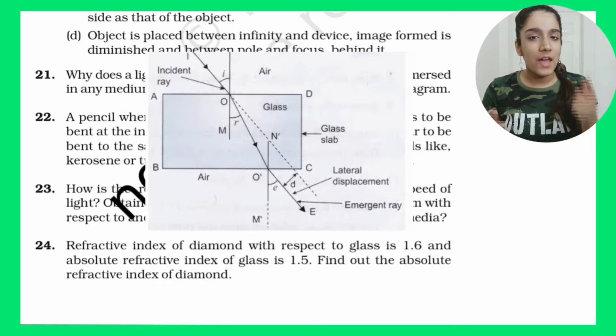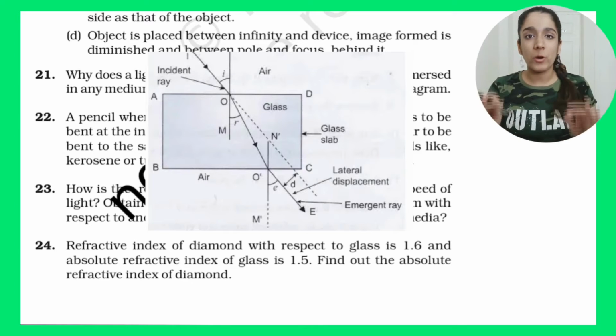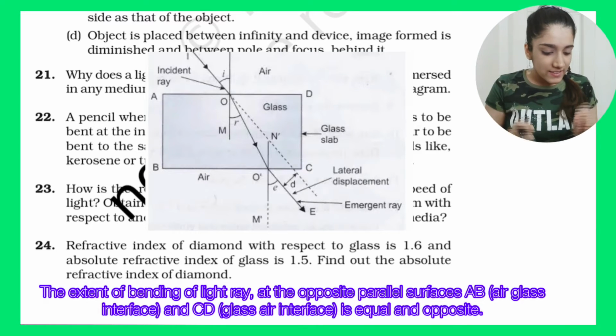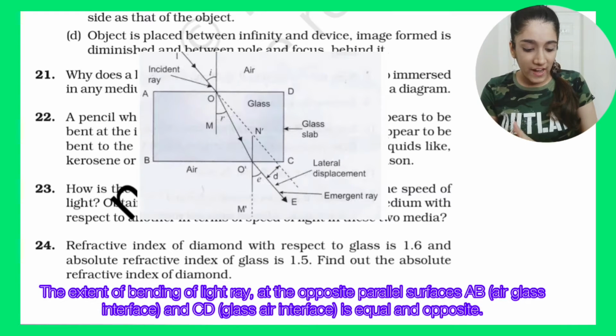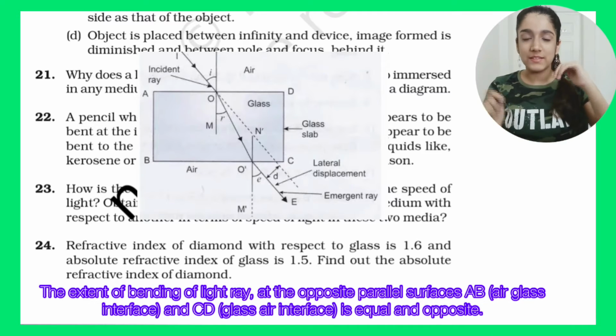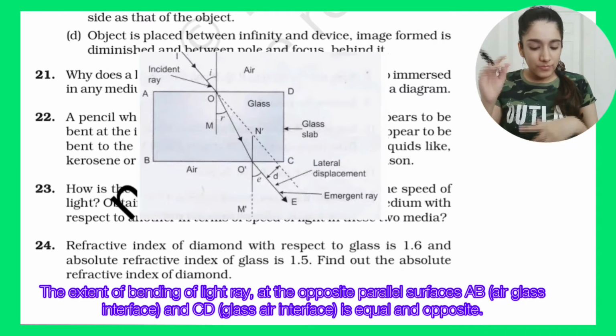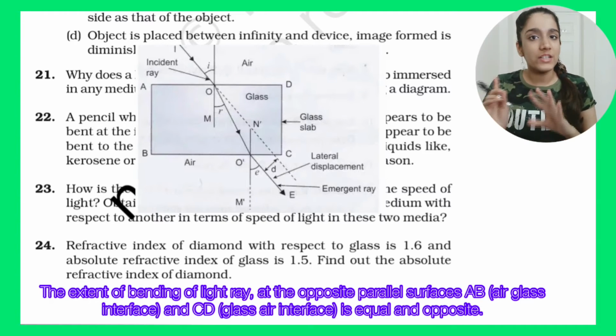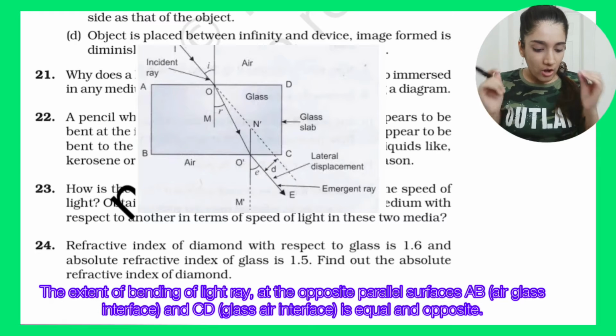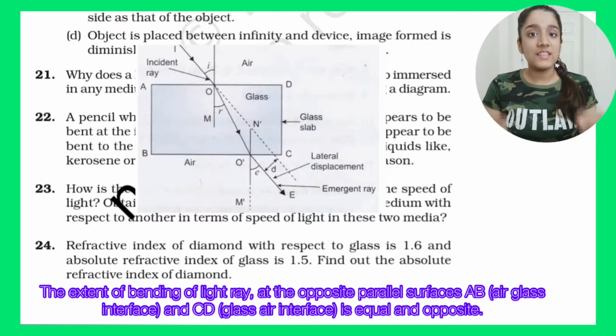But why? I told you to remember this important statement, that the extent of bending of a ray of light at the opposite parallel faces, which you can see A, B and C and D, which are the air-glass interface and glass-air interface respectively, of the rectangular glass slab is equal and opposite. What does this mean?